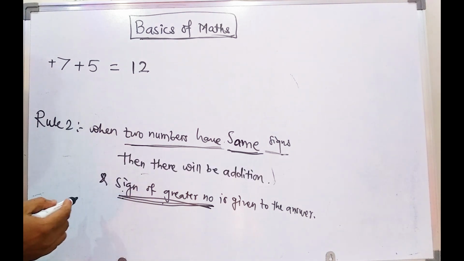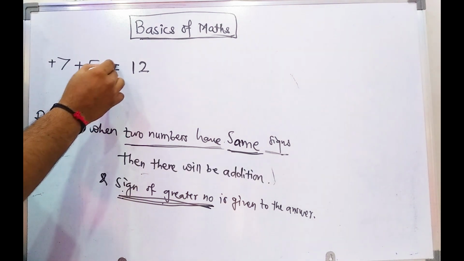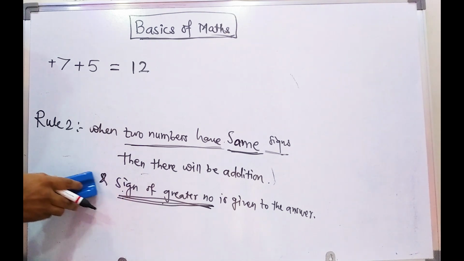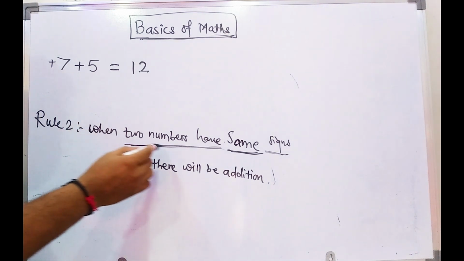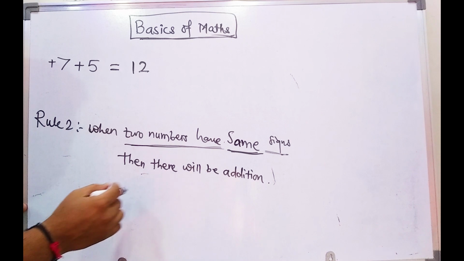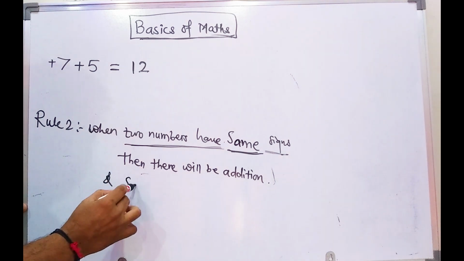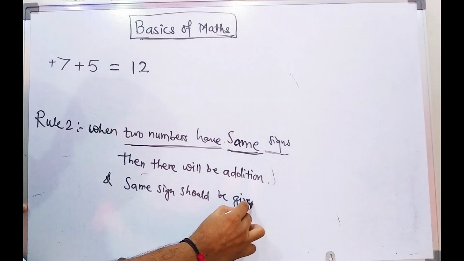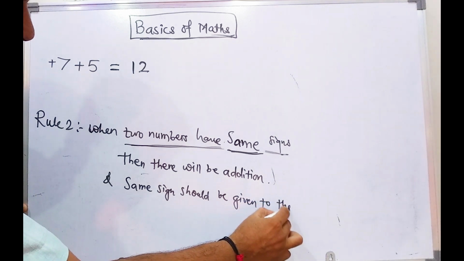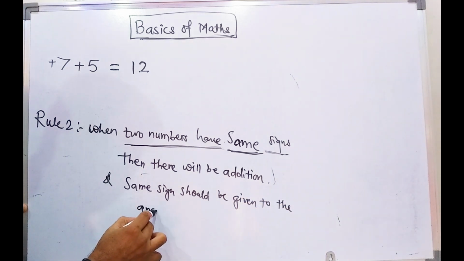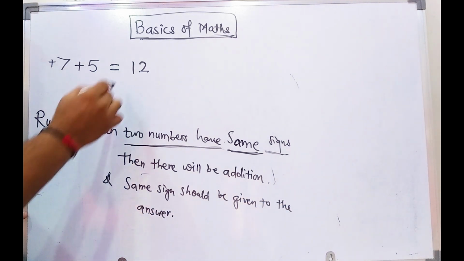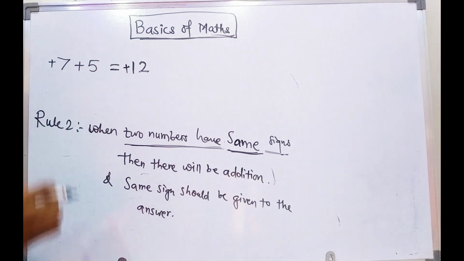Now which sign should be given to the answer? The answer is that when two numbers have the same sign, then there will be addition and the same sign should be given to the answer. Okay, so I will put plus as this.